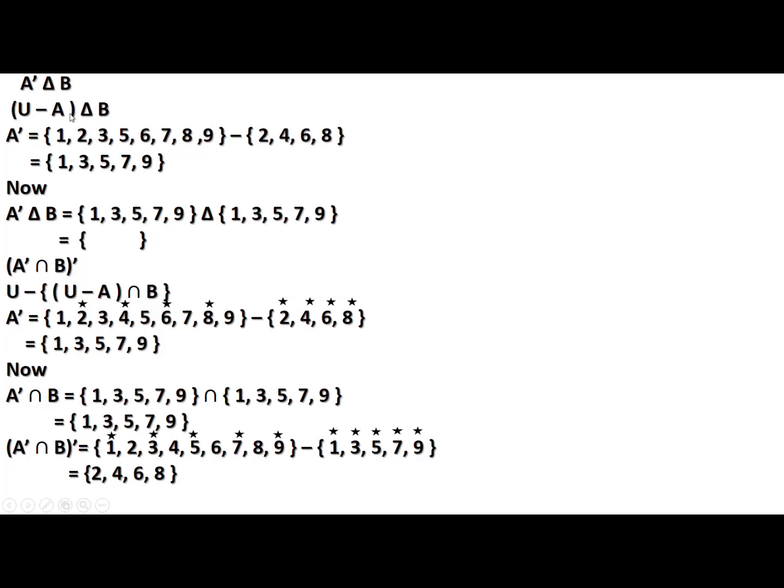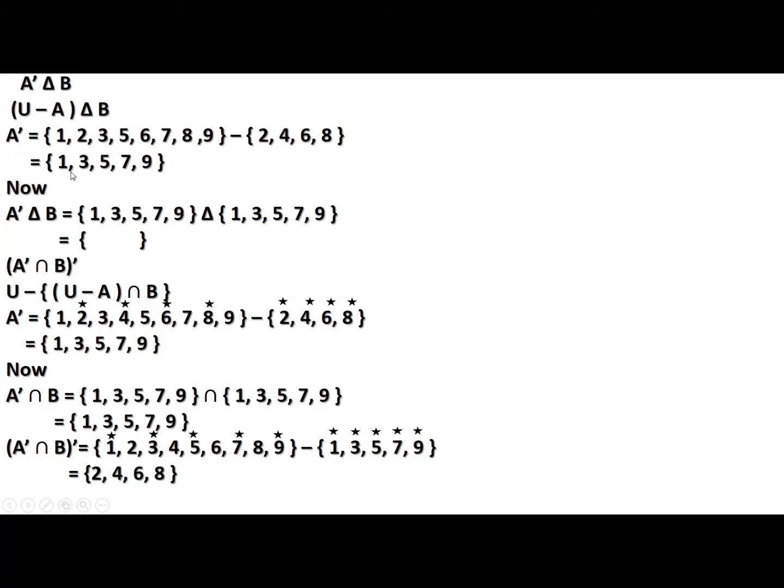Anything which is inside the bracket, that we have to solve first. So in the bracket there is written U difference A. So first we will find the A complement. Elements of U are 1, 2, 3, 4, 5, 6, 7, 8, 9. Difference 2, 4, 6, 8.